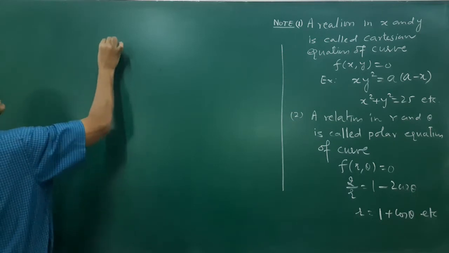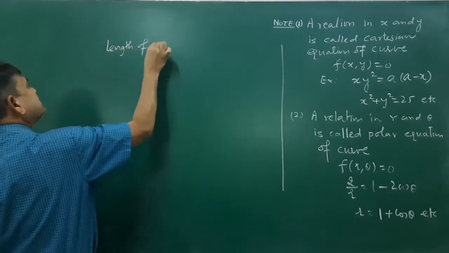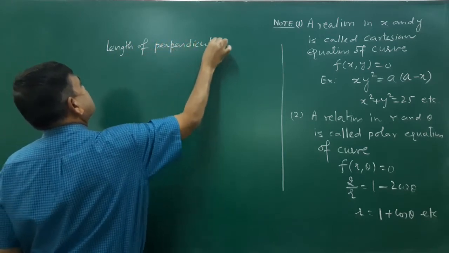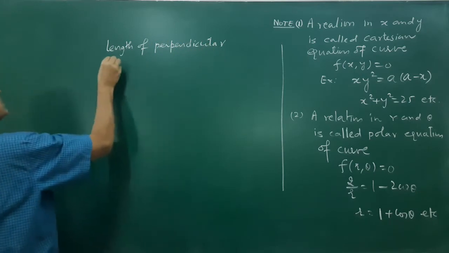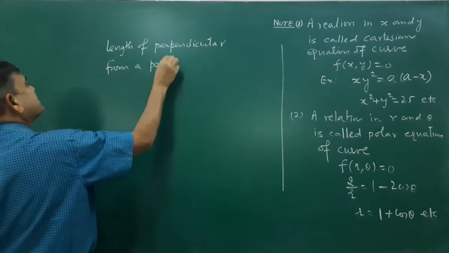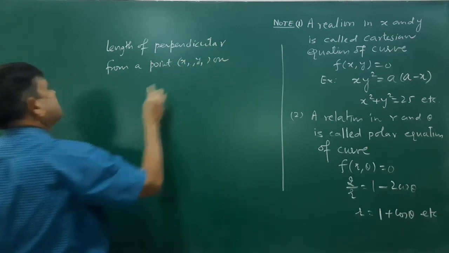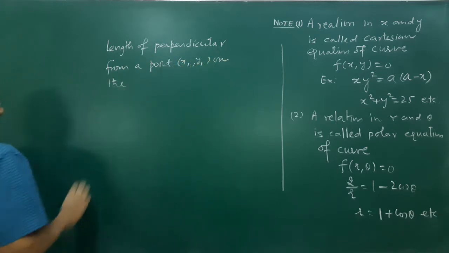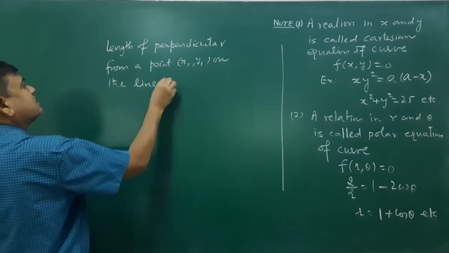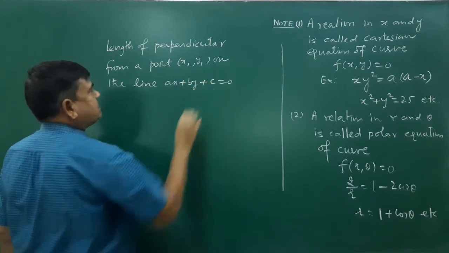Again, length of perpendicular from a point x1, y1 on the line ax plus by plus c equals 0.